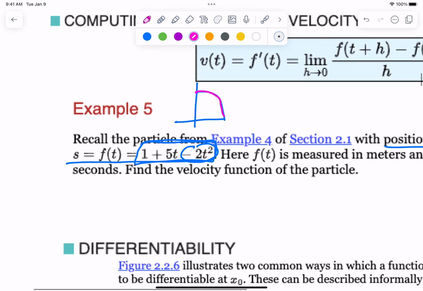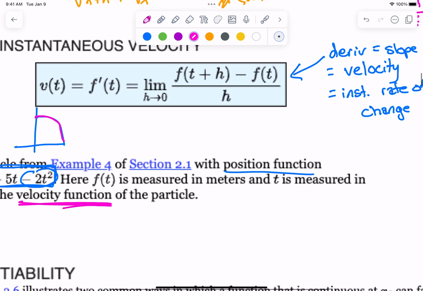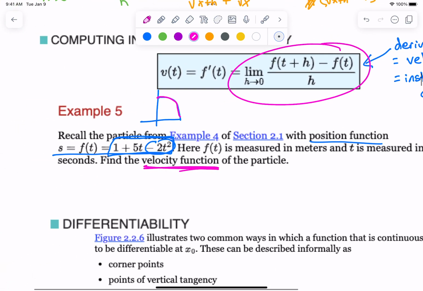And they want us to find the velocity function. So they don't want a specific velocity at a certain time. They want the velocity function. So we're going to just find the derivative using this limit process. Here we go. The limit as h goes to 0 of f of t plus h.